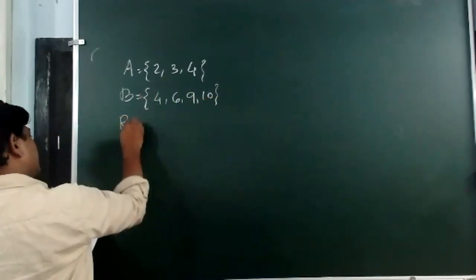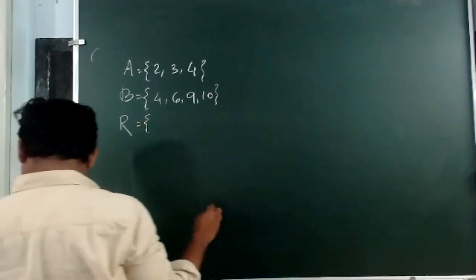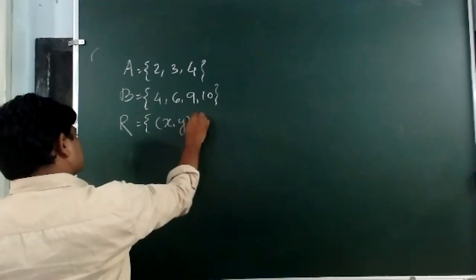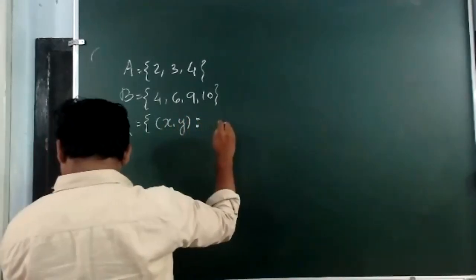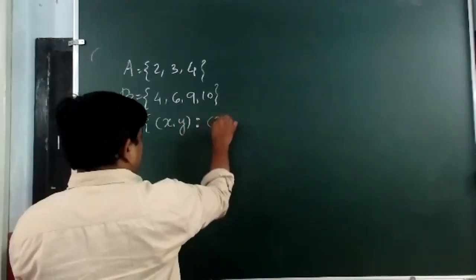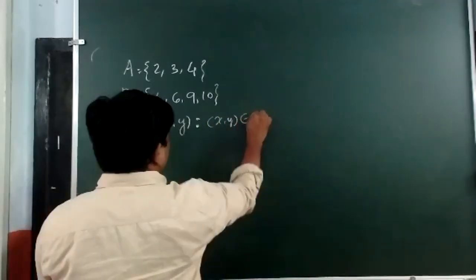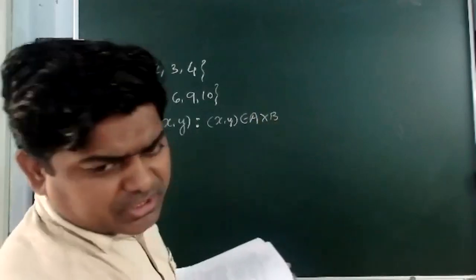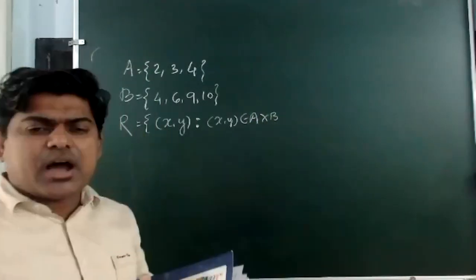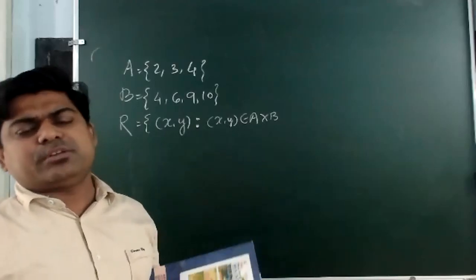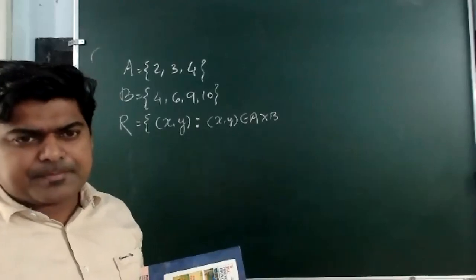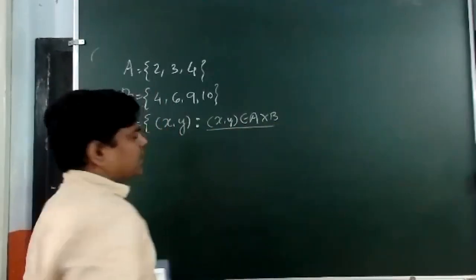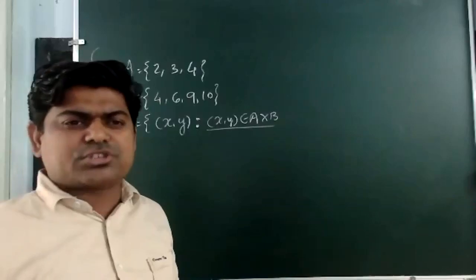Now, what is R? R is equal to {(x, y) such that (x, y) belongs to A cross B}. One more thing I want to tell you: either we write (x, y) belongs to A cross B, or we may write x belongs to A and y belongs to B. Both are the same. If it's written this way, as an ordered pair (x, y) belongs to A cross B, what does it mean?